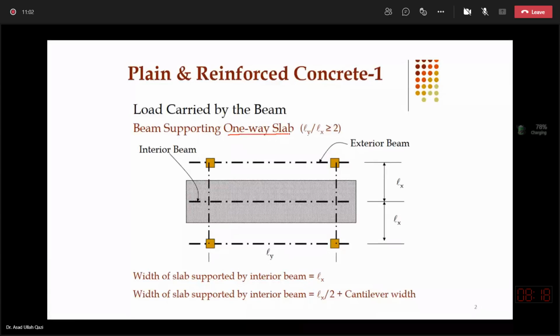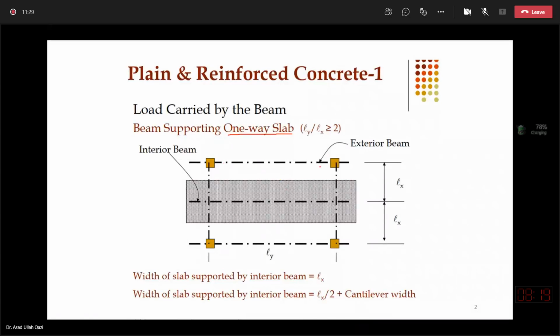So it means the slab behavior will be one way, its load distribution will be one way, its bending curvature will be one way, single curvature. And it will distribute its load to the supporting beams 50-50%.